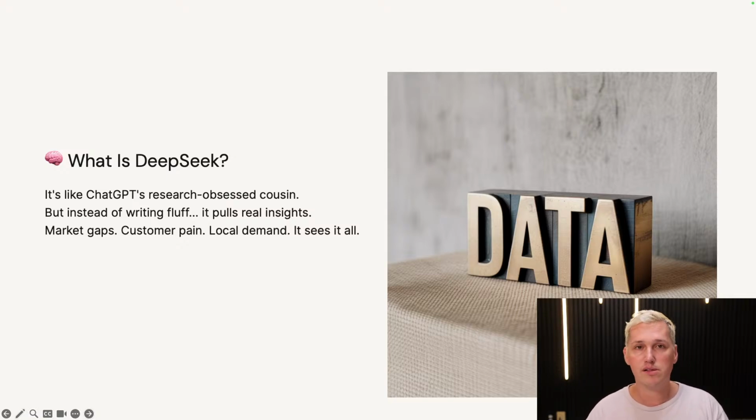So for those of you guys who have maybe only played with ChatGPT and you haven't had time to play with DeepSeek yet, we're going to be talking about that in this video, and we're going to be going through some prompts together, and I'm going to be showing you the output that you get and how you can actually use that output to make money. But the way you should look at DeepSeek is it's like ChatGPT's research-obsessed cousin.